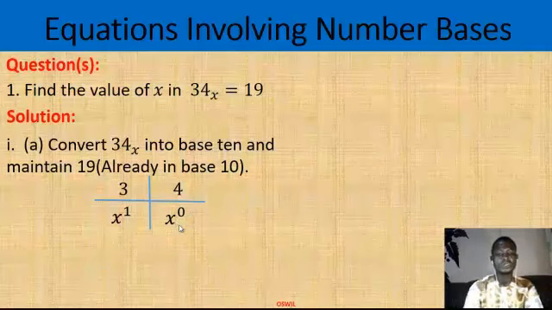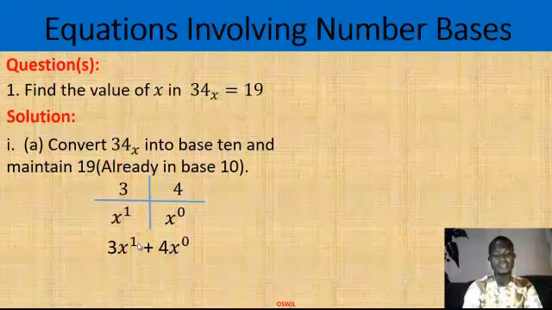So we have 3 multiplying x raised to the power 1 to give us 3x index 1, plus 4 multiplying x index 0.